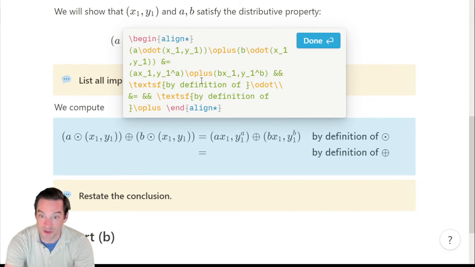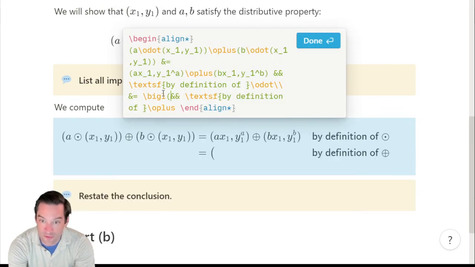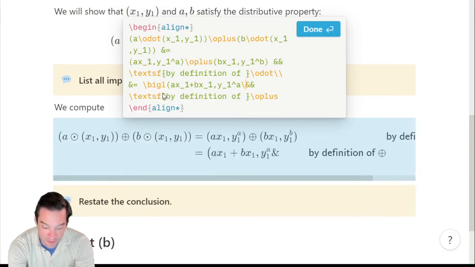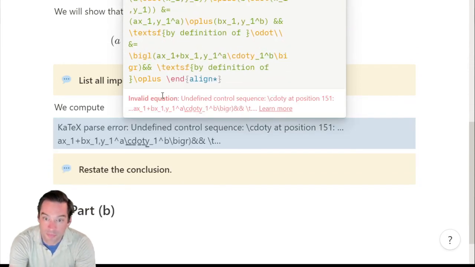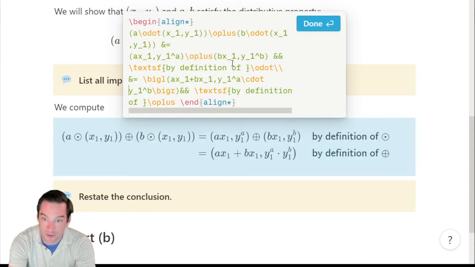When we add, we straight up add the first components, so ax1 plus bx1. And we multiply the second components, y1 to the power a times y1 to the power b. There we go. That's how we use the definition of funny addition to go on to the next step.